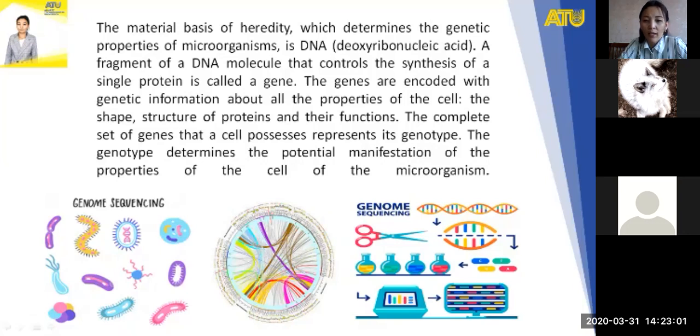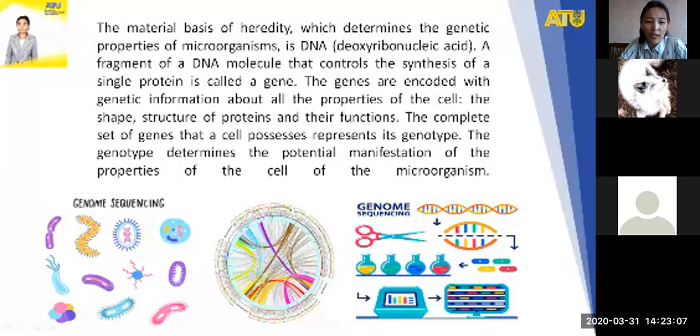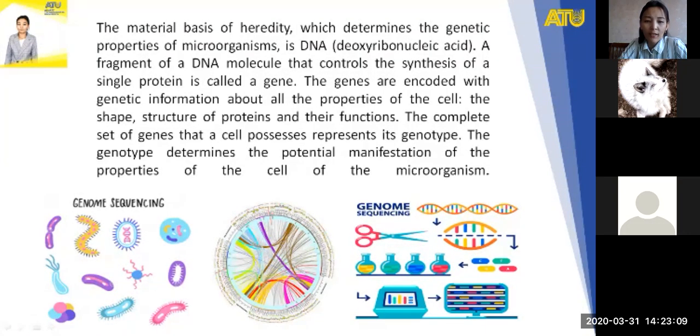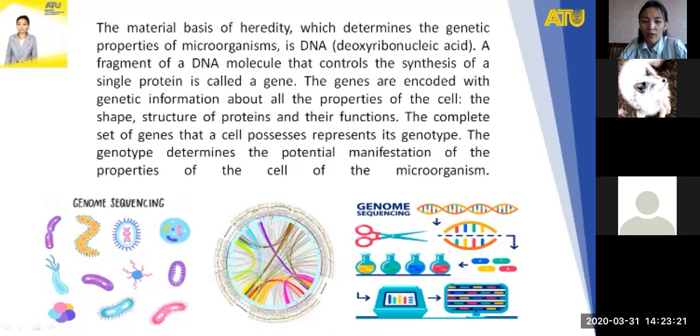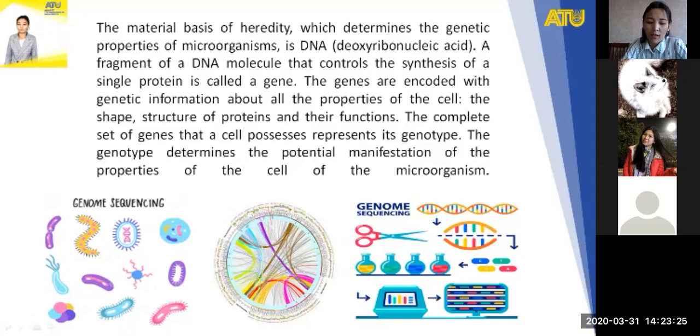The genes are encoded with genetic information about all the properties of the cell, the shape, the structure of proteins and their functions, and the complete set of genes that the cell possesses represents its genotype. The genotype determines the potential manifestation of the properties of the cell of microorganisms.